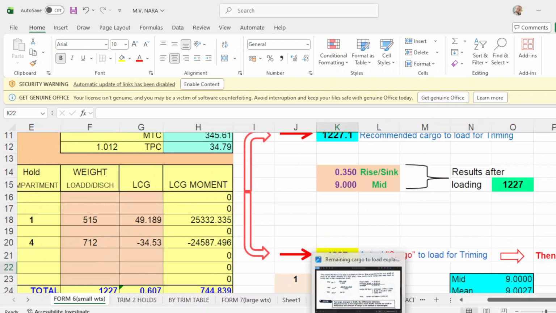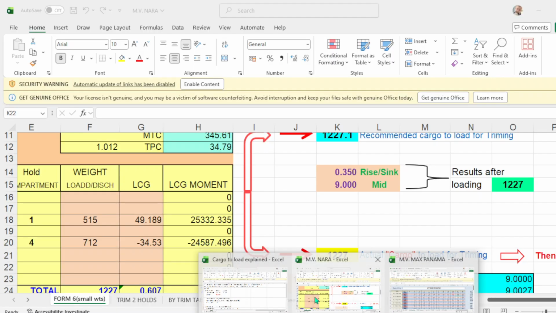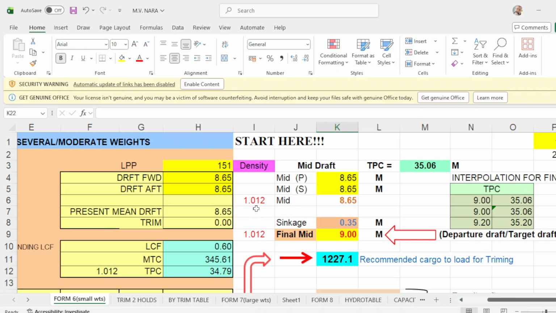But I would again remind you that this formula is wrong. Because with this formula, you are now asking for the TPC in a saltwater density. Well, you are already plotting in the density 1.012.